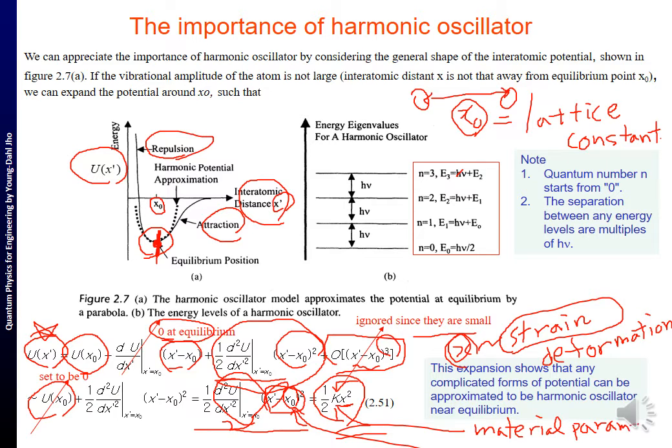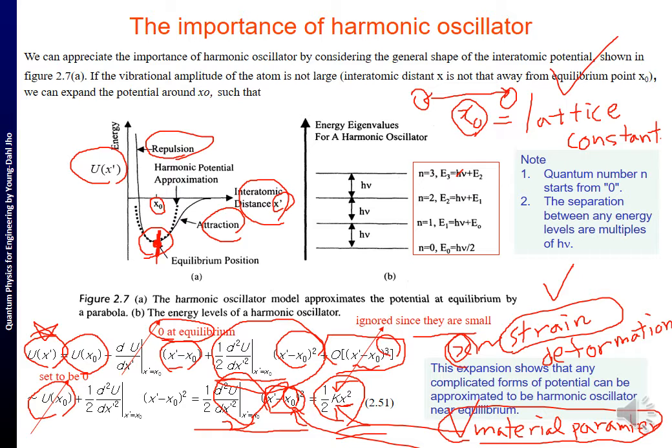So each material has a determined value of K. And also when you have a new material, you might create new crystal structures. Then we measure the lattice constant, we measure the band gap, and as you change the strain, we check out the potential shape, and we identify the material parameter K in that way.